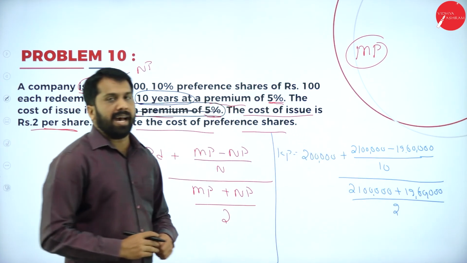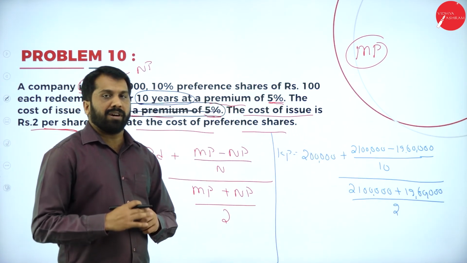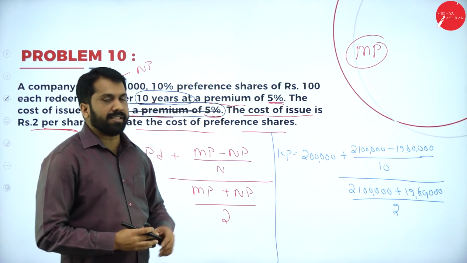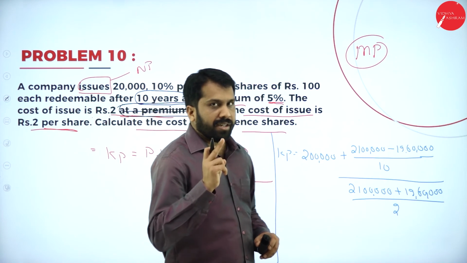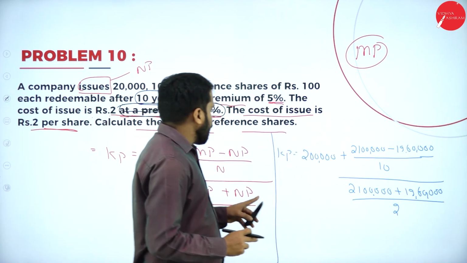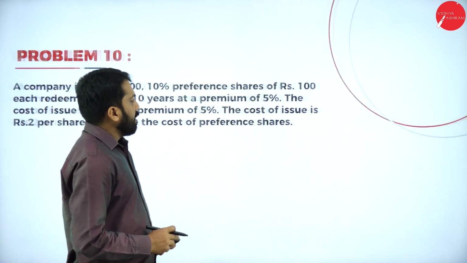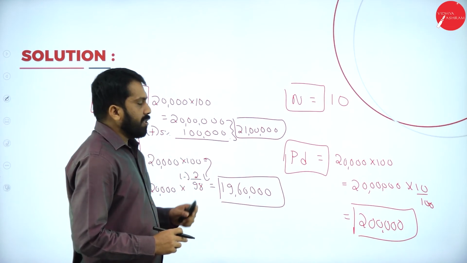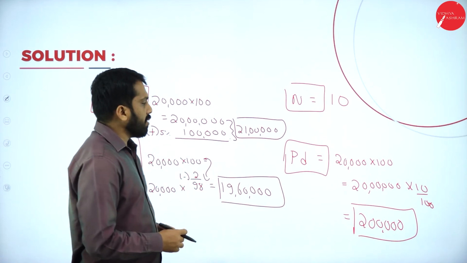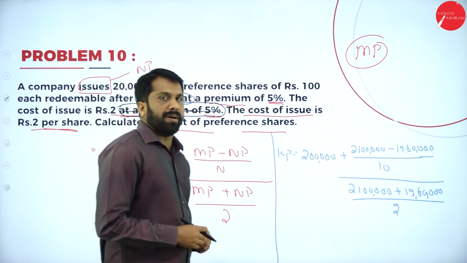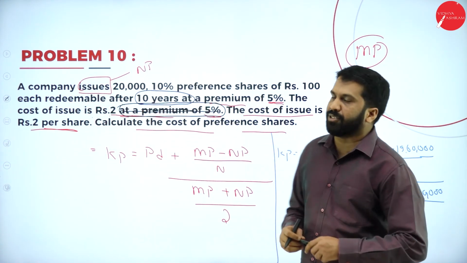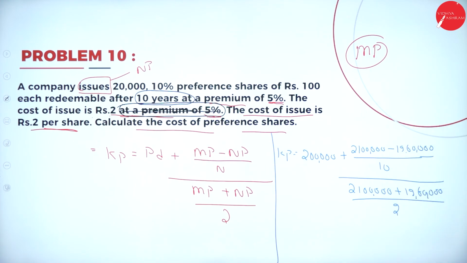Up to this I have done. What is your job? Very simple. Simplify this and let me know the final answer in the text box. Remember, up to this formula I have written, calculation I have done. You are supposed to find out what is the cost of preference shares. I'll go back to your slides so that you can take a screenshot. So this is your question. Remember, the premium word is repeated, that's why I have removed that.